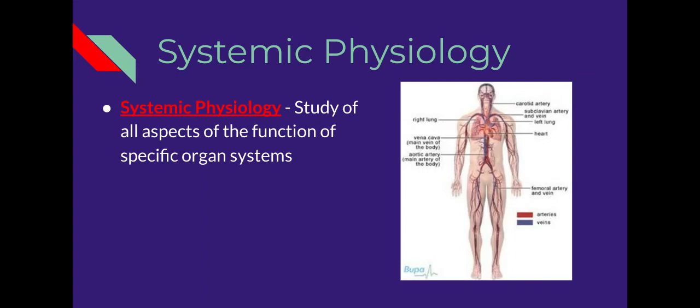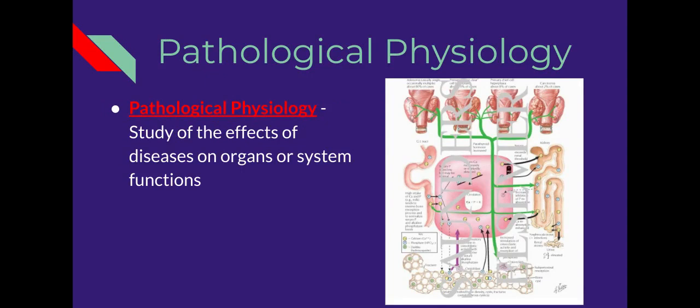Again, systemic goes with system. So a systemic physiologist is going to study all aspects of the functions of a specific organ system. You have systemic physiologists that specialize, and we have cardiologists and other branches of physiologists that study those body systems.